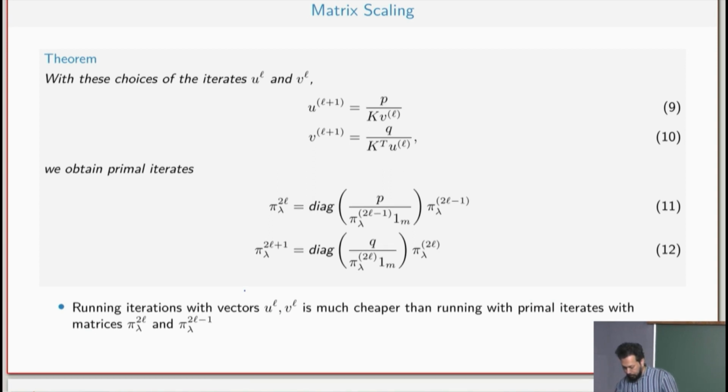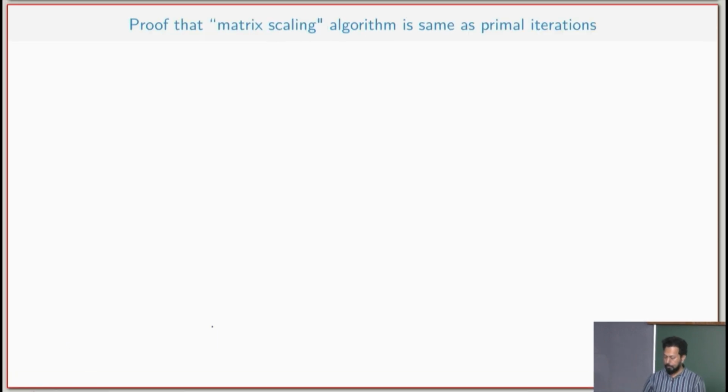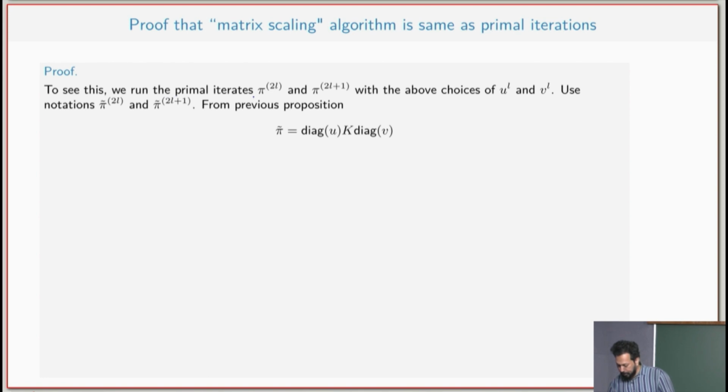Okay, so this is the argument, right? This is the claim: running iterations with vectors u_l and v_l is much cheaper than running the primal iterates with matrices pi_{2l} and pi_{2l-1}. To see this, we run the primal iterates with the choices of u_l and v_l.